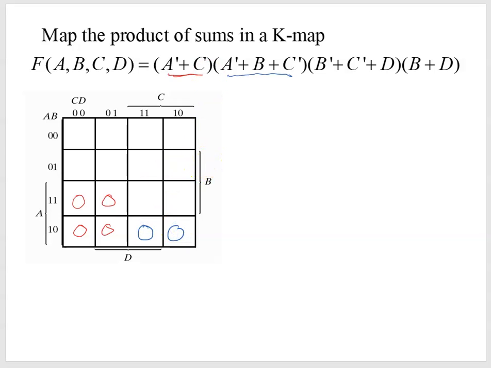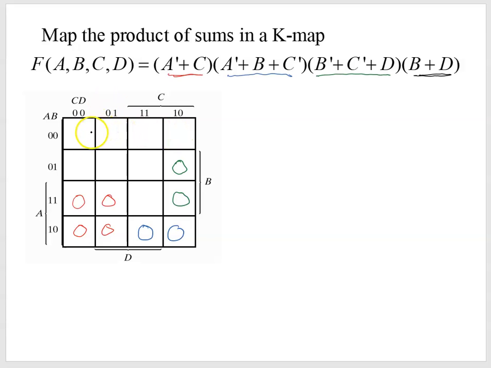Now this next term is a 0 if B is a 1, C is a 1, and D is a 0. So C is a 1 and D is a 0 here, and B is a 1 in these 2 cells. Then we have B or D, so B's got to be equal to a 0, and D's got to be equal to a 0.